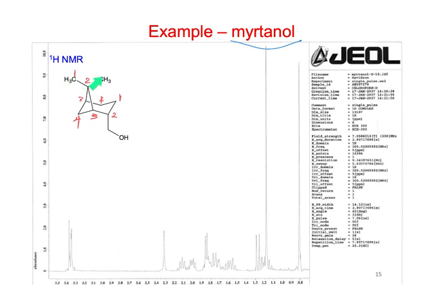So 1, 2, there's a branch. 3, 4. So that's one isoprene unit here. And then the other isoprene unit is over here. Right? They're just cyclized twice.